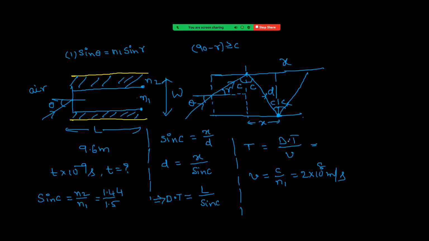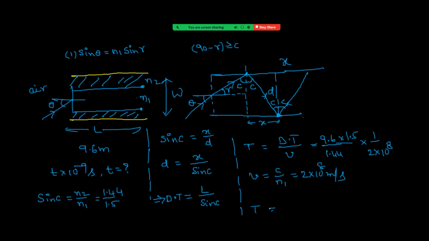Then see what we are going to get. Distance traveled, L value 9.6, sin C value 1.44 by 1.5, right? Upon v value 2 × 10⁸. Okay.